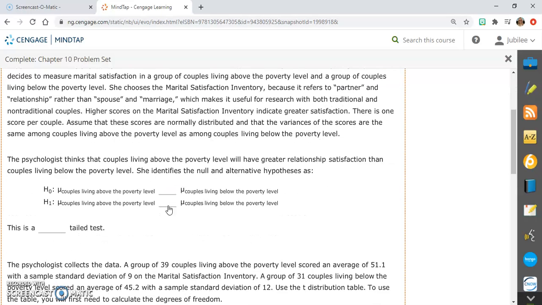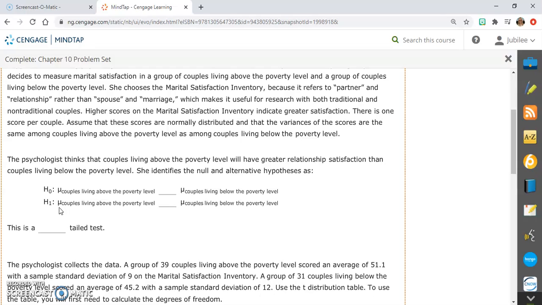But because it's a one-tailed test, I will not use the equal sign. I'm going to be using these directional signs. So the alternative hypothesis is that couples living above poverty level will have greater relationship satisfaction than couples living below.